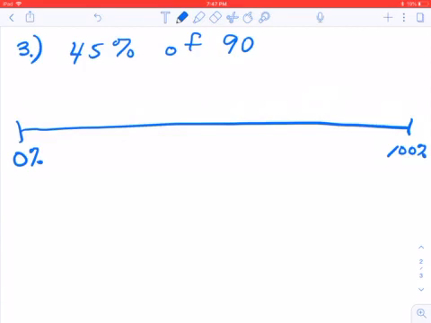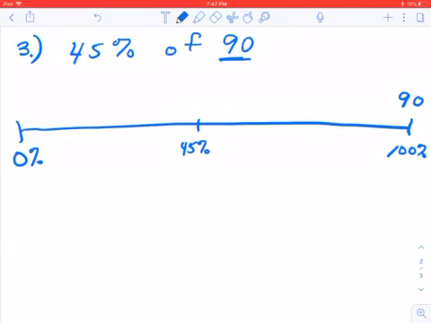And what's that 100% number? We already know it. What's the total amount that we have in regular numbers? The total amount is 90. So let's put 90 up as our whole amount. Remember, 100% is having the whole thing. And we want to get to 45%. That's just a little bit less than the halfway point, right?